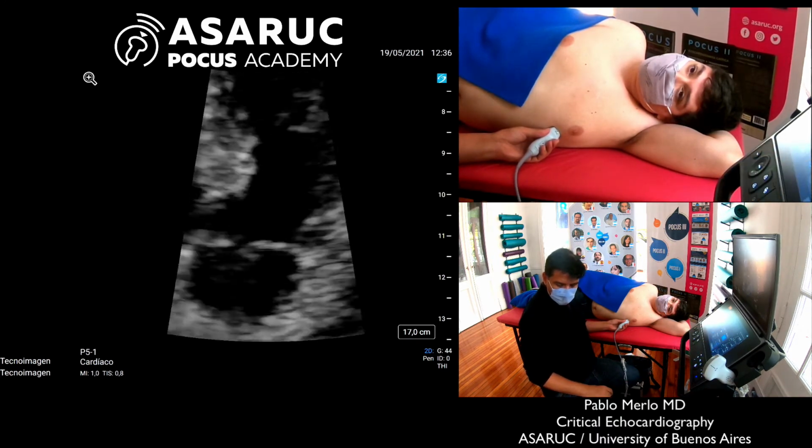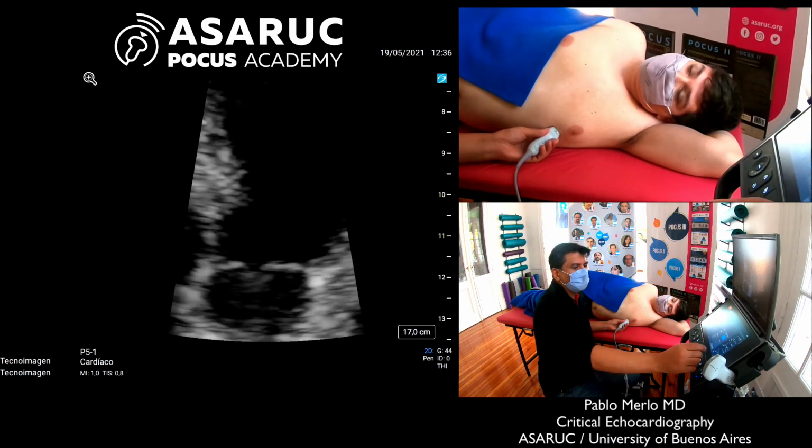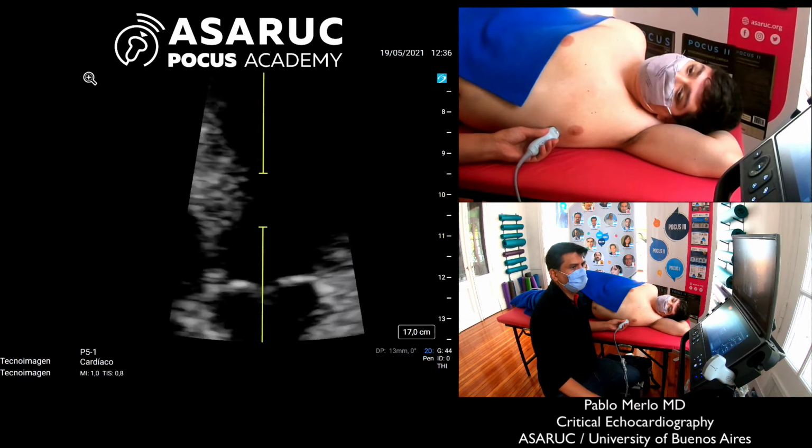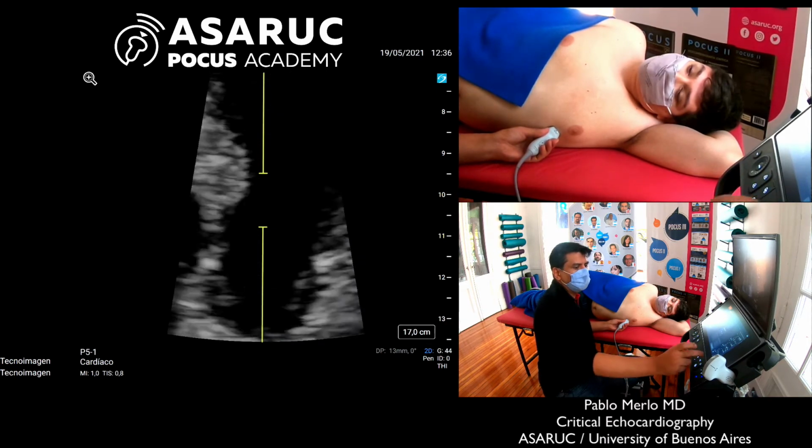If we pull the probe cable a bit, we'll start to see the left ventricular outflow tract. So we now have an apical 5-chamber view.